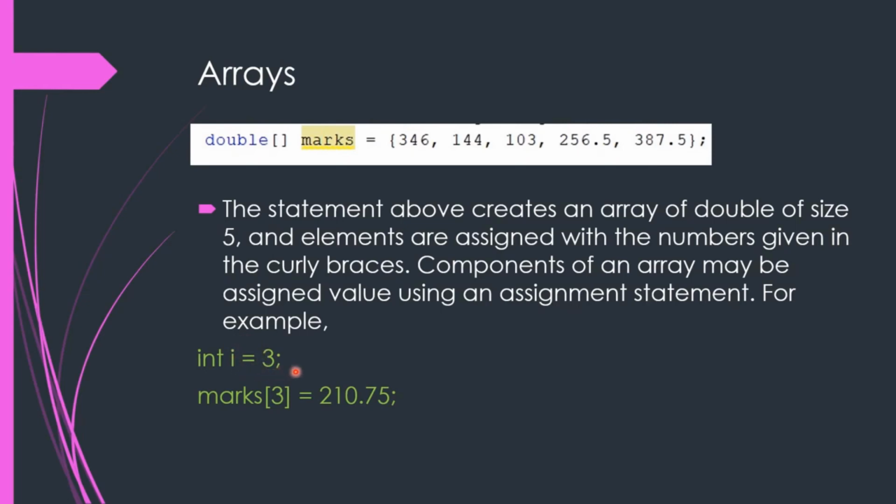So here we have used our assignment statement: int I is equal to 3, and then we have specified the value. Means for the value of I, which is 3, marks will be equal to 210.75. So this is how we are assigning the value using the assignment operator, which is equal to.